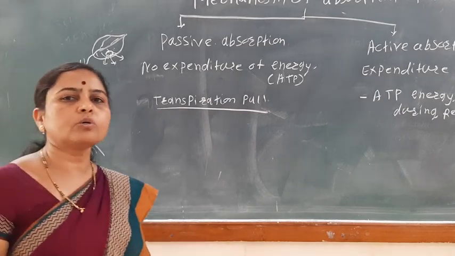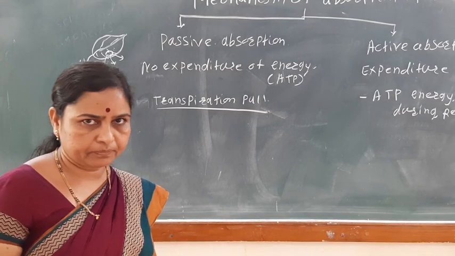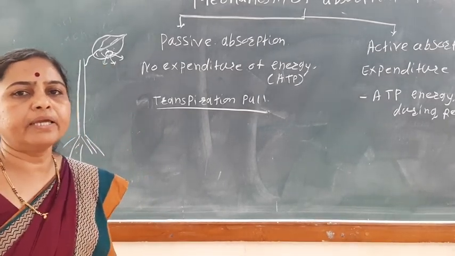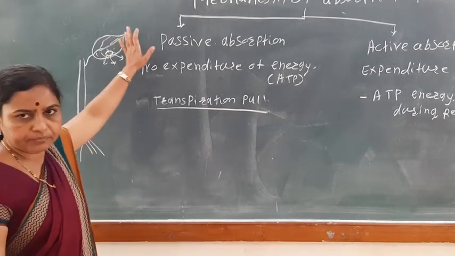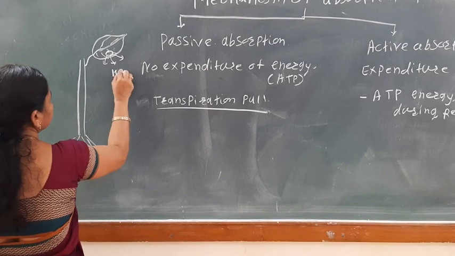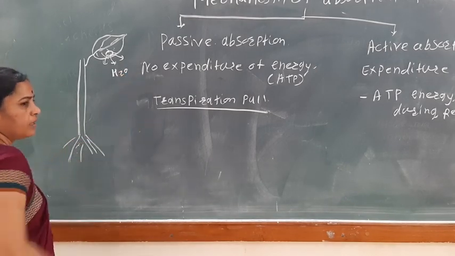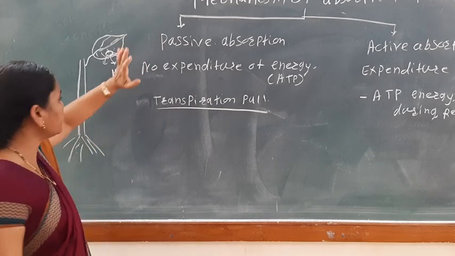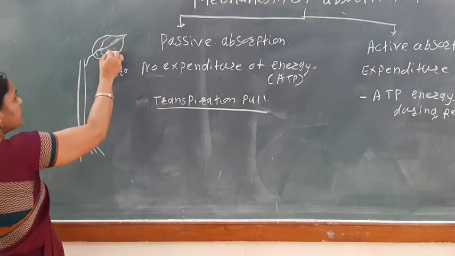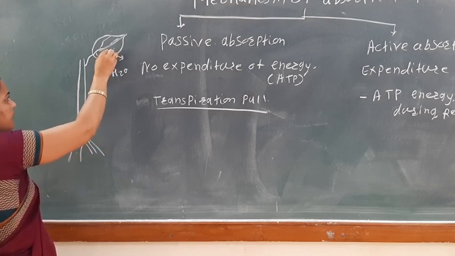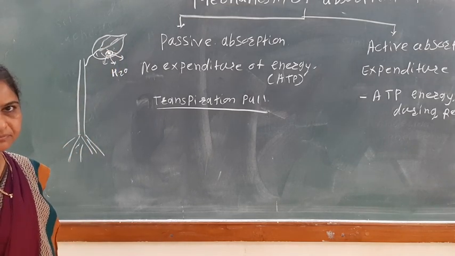Transpiration means loss of water in the form of water vapor through the aerial part of the plant. Aerial part of the plant means leaves and stem. So through the leaves, water is transferred by the process of transpiration. When water is transferred from this leaf, the concentration of the cell increases.